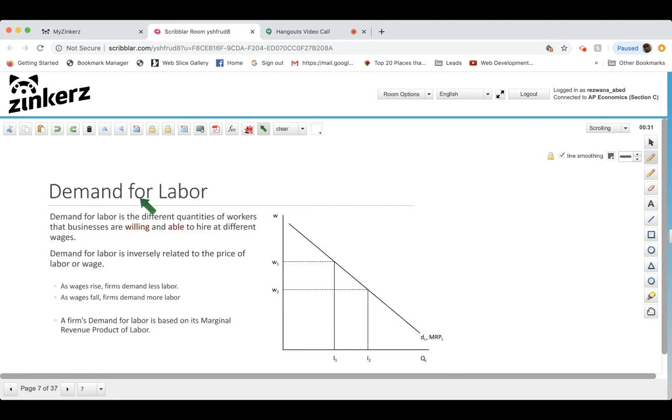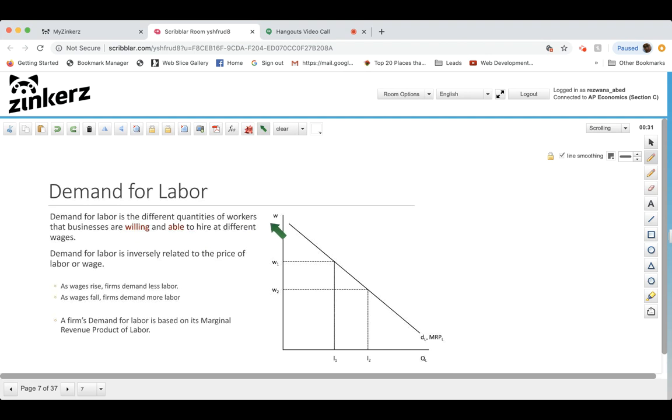So what exactly do we mean by the demand for labor? We understand demand and supply when it comes to the product market, but what do we mean by demand for labor? Demand for labor basically means the different quantities of workers that businesses are going to be willing and able to hire at different wages.